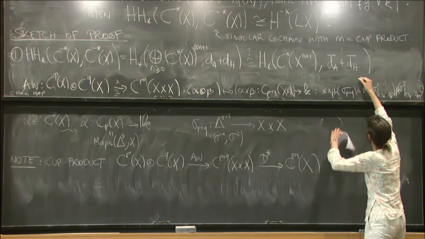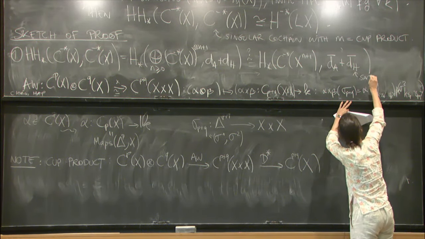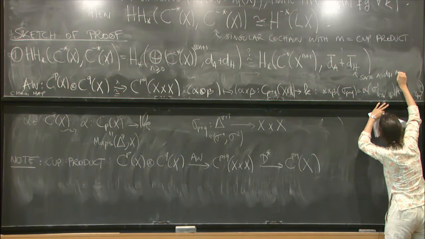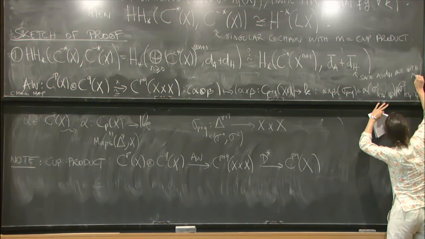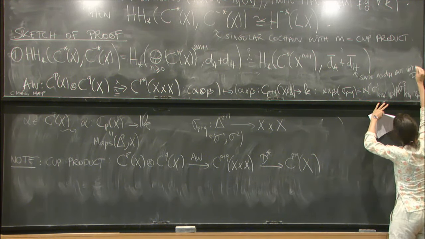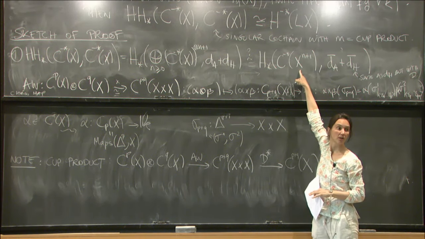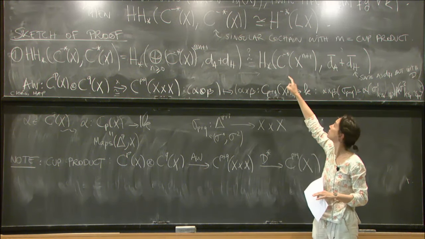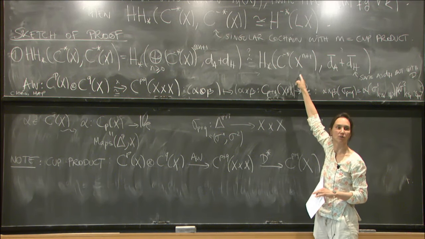So d_H is the same as d_H, but with the diagonal for the product, right? I'm just going to do a bunch of diagonals here on X. Okay? This is exactly what I've told you. There's an obvious way of writing the same sort of chain complex using diagonals instead of cup products.